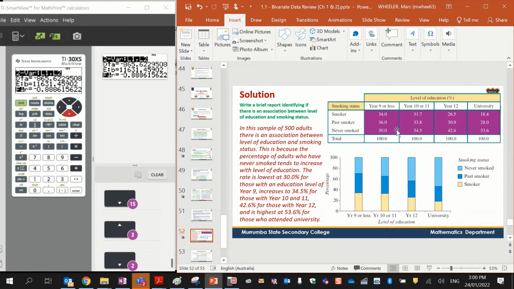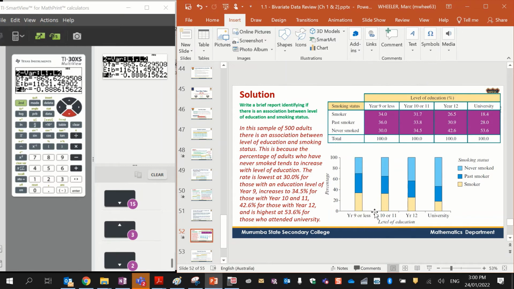And in terms of the university, well, 53.6% of university attendees have actually never smoked, compared to 28% who are past smokers and compared to 18.4% who are smokers. And this table sort of shows this information as well.